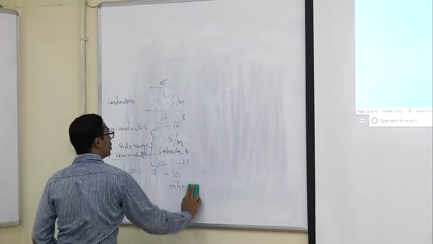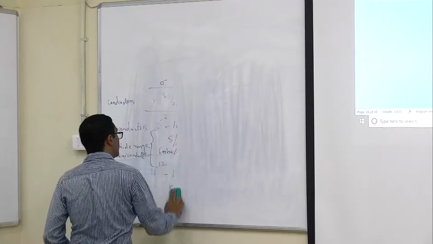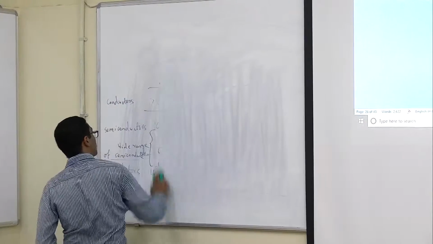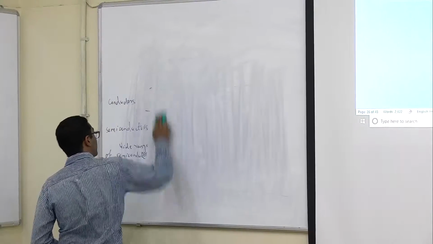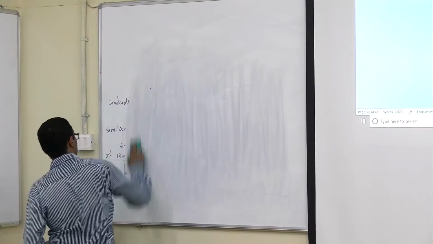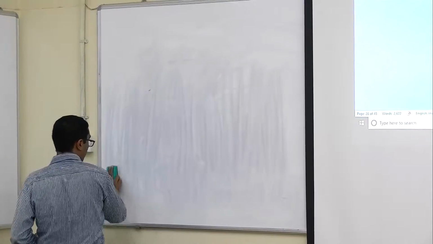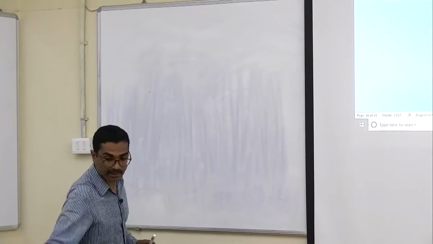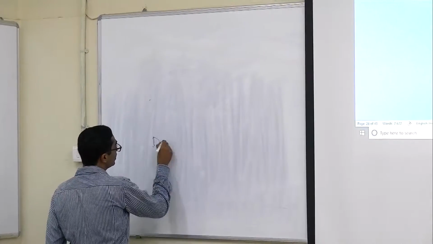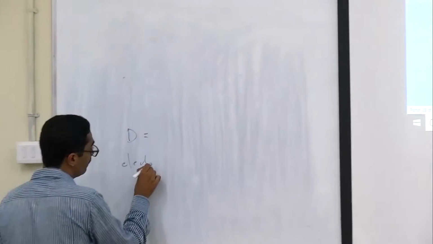From your high school physics, you recall that this is how Gauss's theorem comes about. You know, the integral E dot ds expression, or integral D dot n ds expression, comes from that relationship.